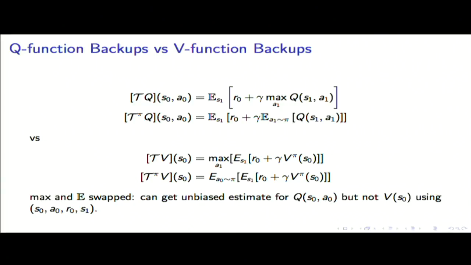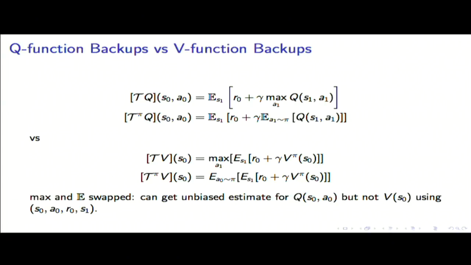Because if we take a max, the max of the expectation is not equal to the expectation of the max. So if you try to think about how you might do these backup formulas for the value function, if you don't know the transition probabilities and you only get to see a trajectory, then it doesn't work out for the value functions, but it does work out for the Q functions that you can get unbiased estimators.